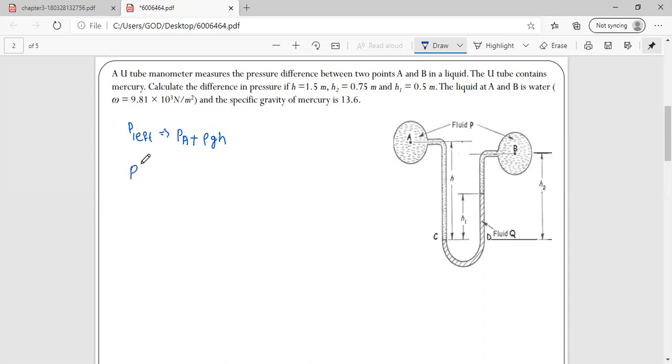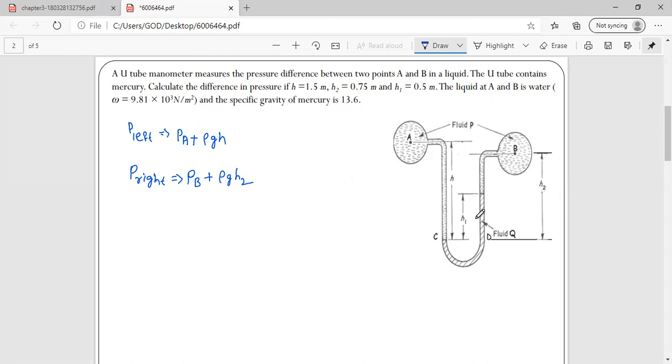Similarly, what is the pressure in the right limb? The PB pressure is acting here, so that is PB plus rho g h2. Can I write rho g h2? No. Why?